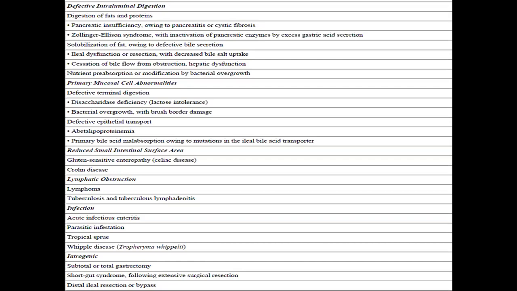Then there may be lymphatic obstruction, and that may be due to lymphoma, which leads to lymph node enlargement, or it may be due to tuberculosis, that is tuberculous lymphadenitis. Then there are various types of infections, that is acute infectious enteritis and parasitic infestation, tropical sprue, and Whipple's disease.